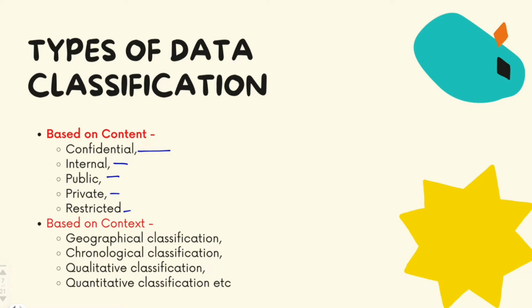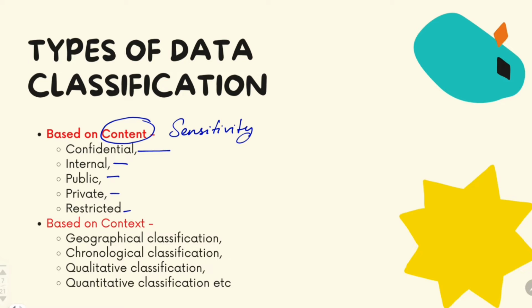People down below in the hierarchical chain will not have access to it unless your manager shares a copy with you, right? So that kind of classification is based on the content of the document, what it contains, the sensitivity of the information contained in that document.